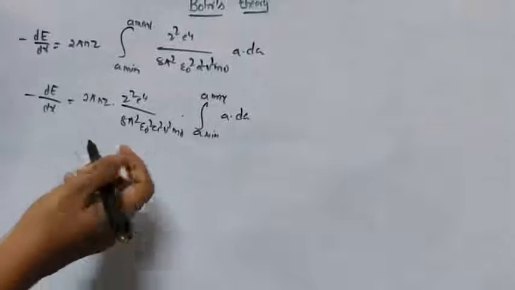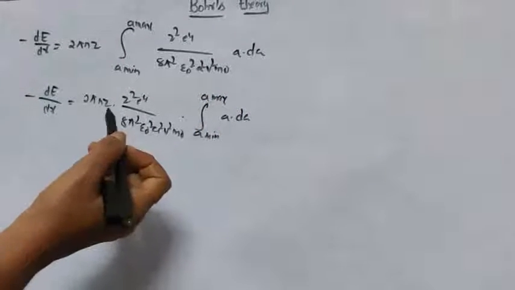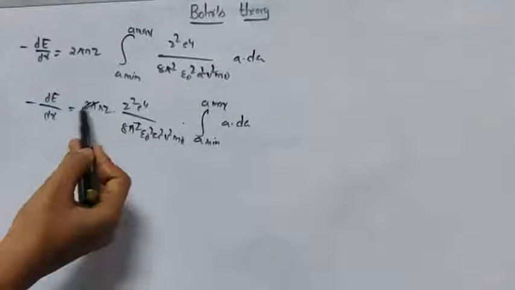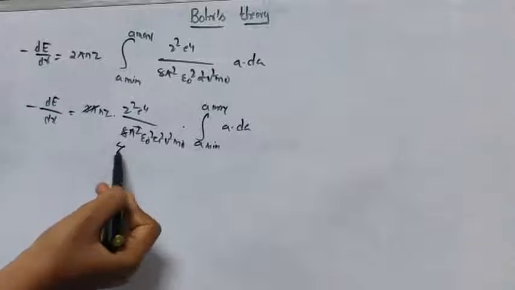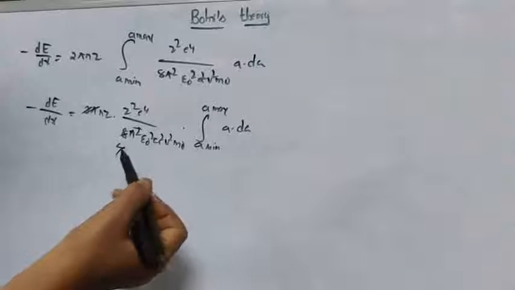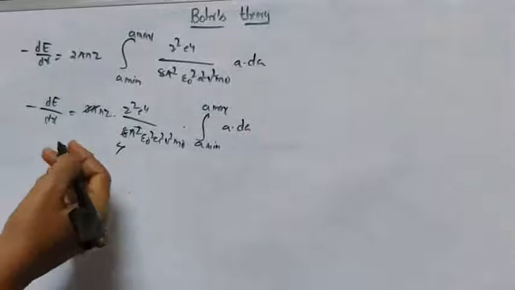Now from this equation what gets cancelled here? Square and pi get cancelled. 2 ones are 2, 4 twos are 8. Okay.